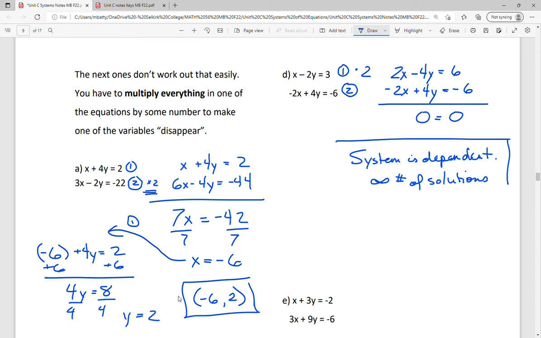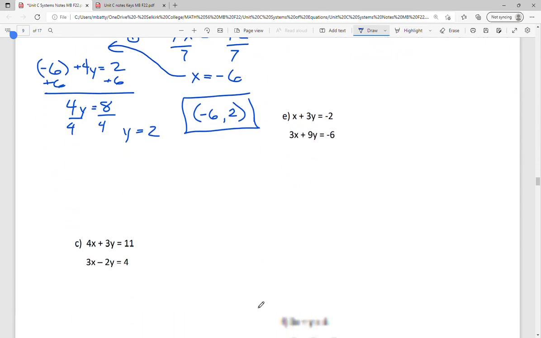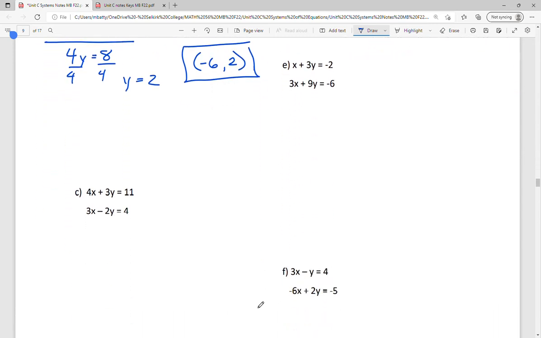And again, these 2 equations are actually the same line on the graph, right? And so each line would have an infinite number of solutions, and these equations share an infinite number of solutions.